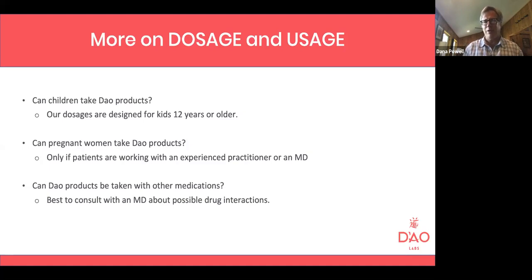A lot of us practicing here in the US don't know our pharmaceuticals very well, and we don't really know how to think about drug interactions. So you'd want to proceed cautiously. If you're nervous, you want to have an MD on your side, able to monitor what's going on. So it certainly is possible.